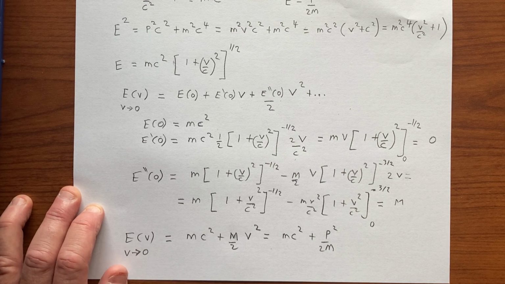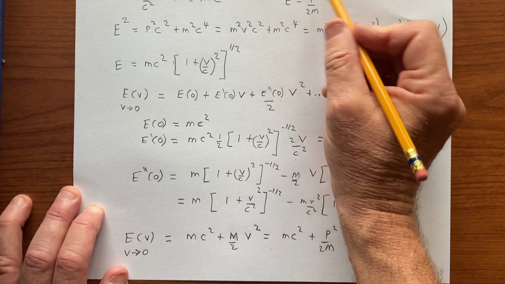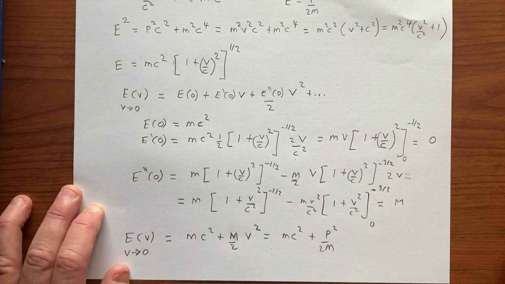And notice that, so this is almost the low velocity limit. There's the additional step of ignoring the rest mass in the non-relativistic quantum course.